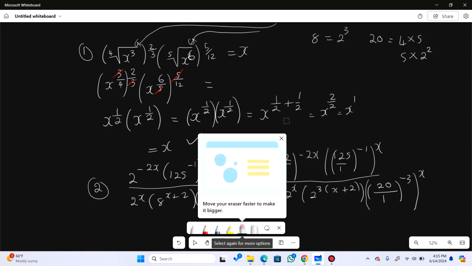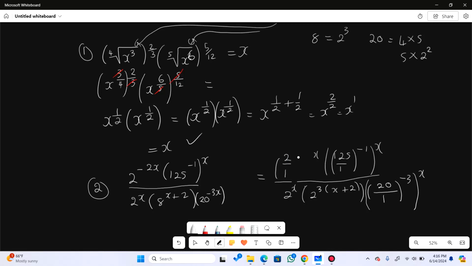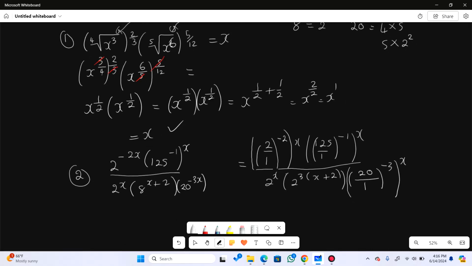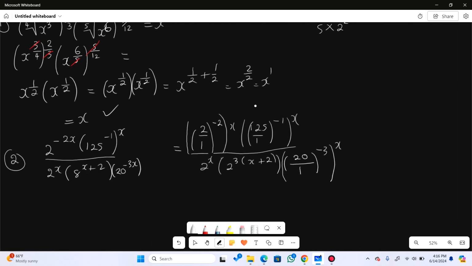Okay, let me change this one too. Here, so this was negative 2 raised to the power x. Okay, so now this is what we get here.